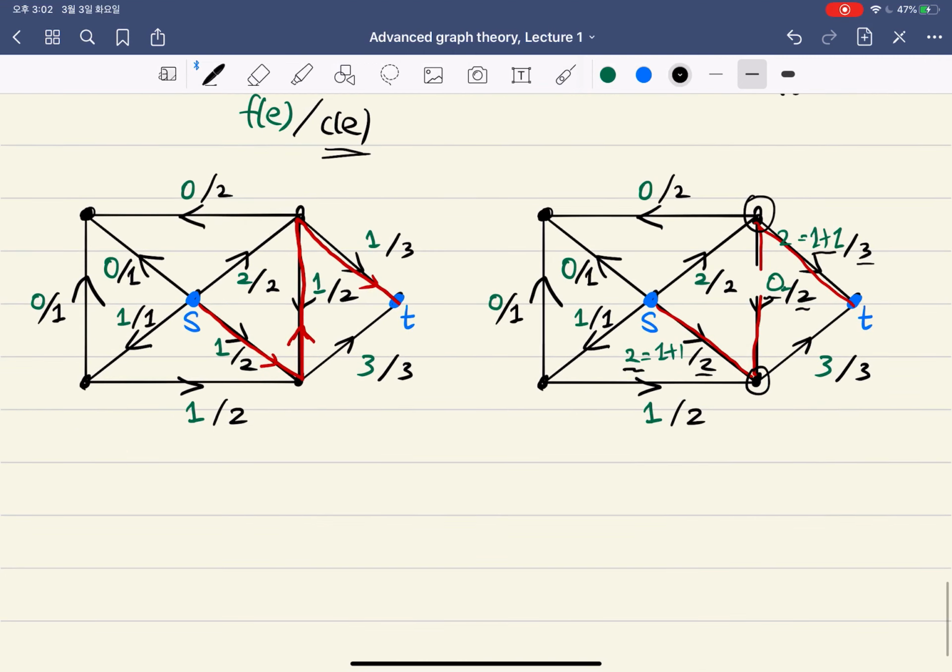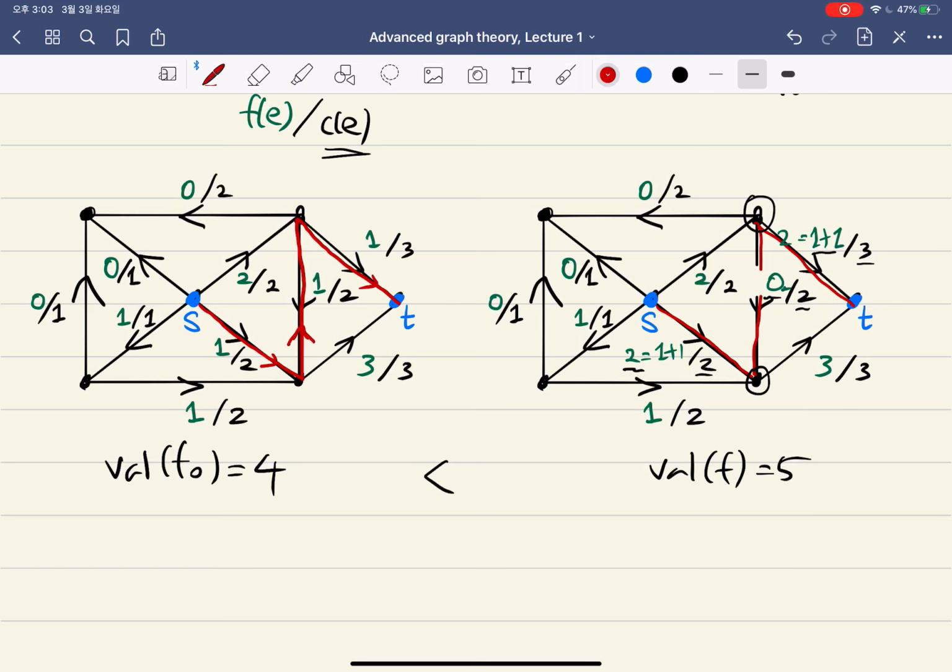And then here, this value used to be 4, but this value is 5. So it increased. So this shows that we can do better. We can find a better flow. In order to do this, we found this path. And what was the property of this path?